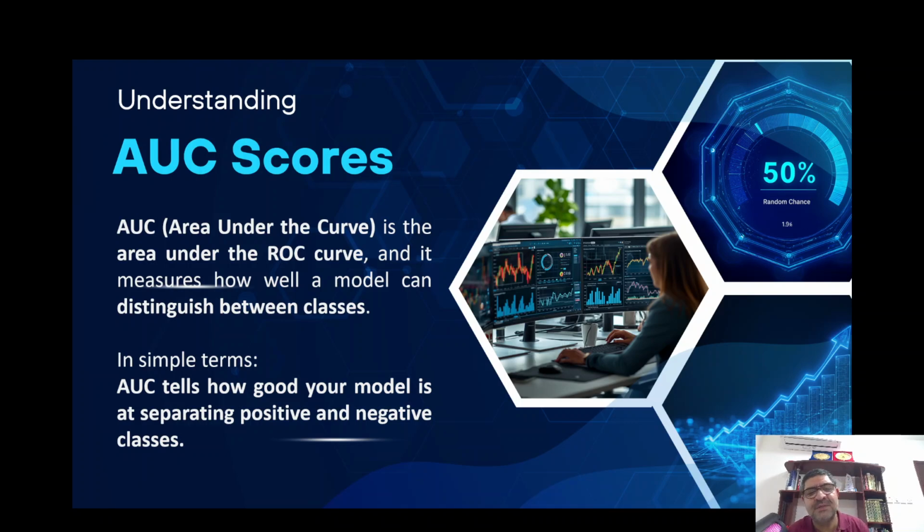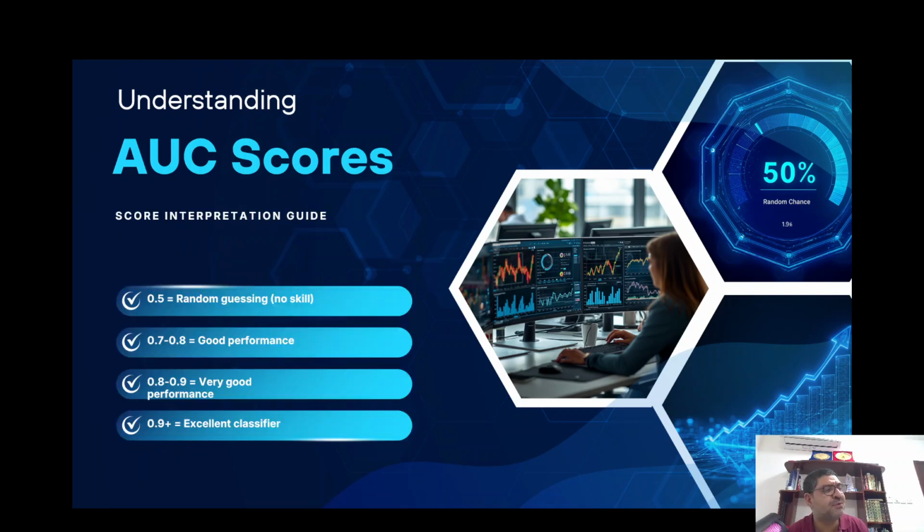I am showcasing these values to you. If it is 0.5, it is random guessing, so there is no skill, and the model is not performing well. 0.7 to 0.8 is a good performance. 0.8 to 0.9 is very good performance.